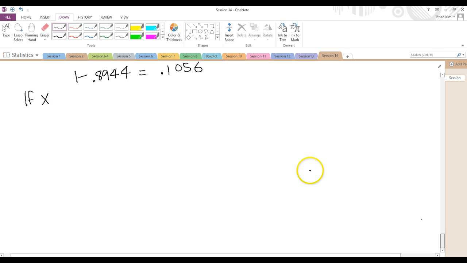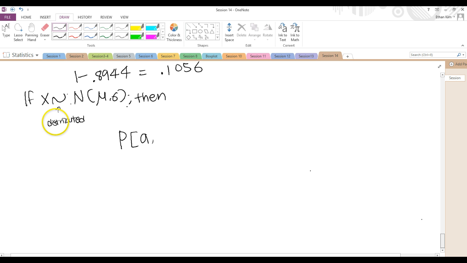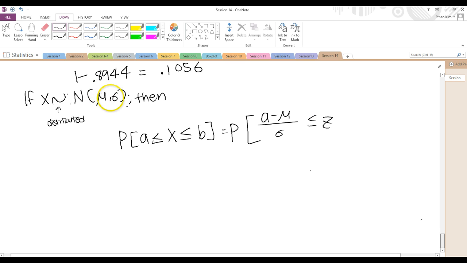If x is, and we denote this by this squiggly line, distributed normally with parameters mu and sigma, then the probability of x being greater than or equal to a and less than or equal to b is equal to the probability of, you have to standardize, so subtract mu and divide by sigma, and the following.